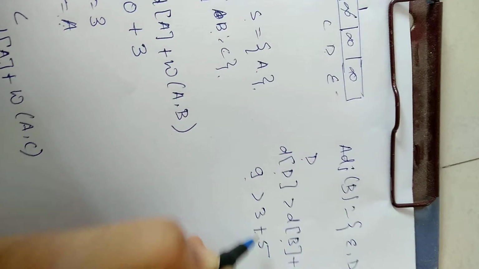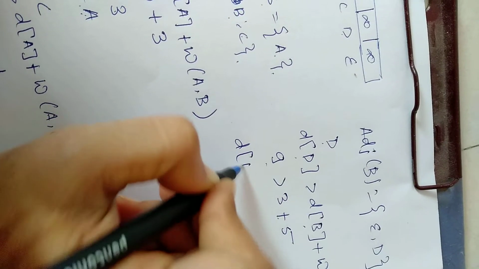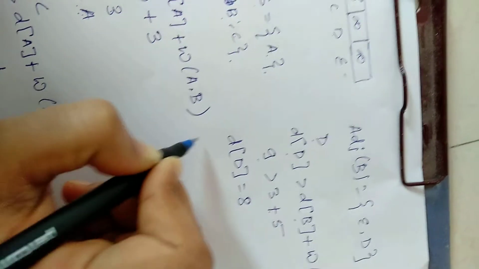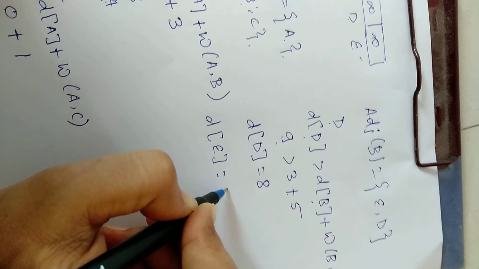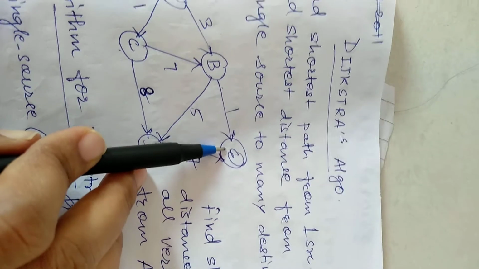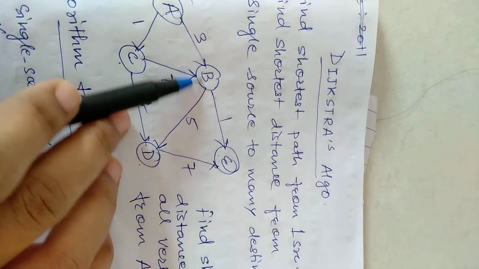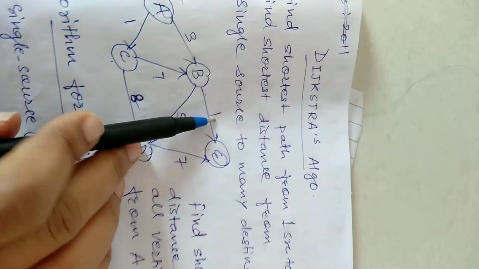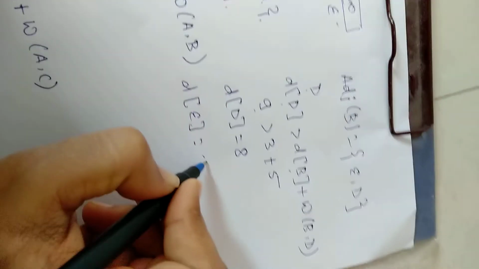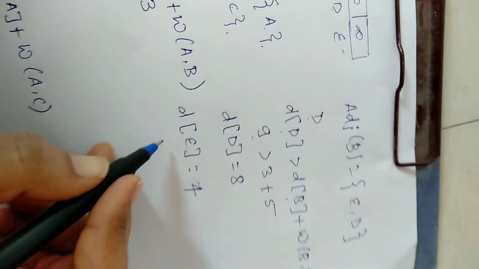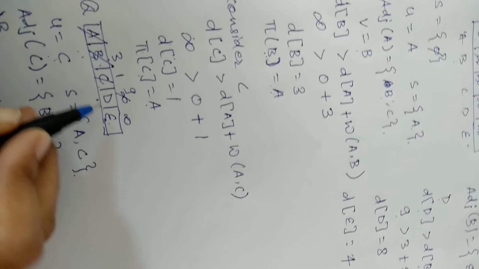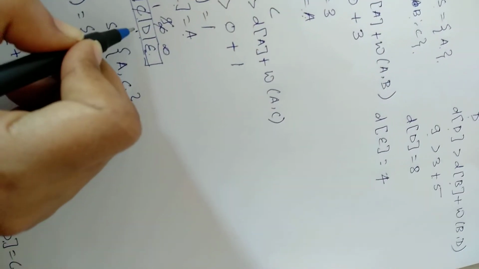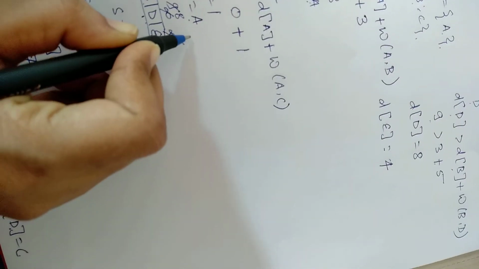So 9 is greater than 8. So the new distance of D gets modified to 8 and distance of E gets modified from infinity to 3 plus 1, that is 4. Initially E is at distance of infinity, but as we have included B, the new distance of E will be 4. So in the array Q, 9 gets modified to 8 and E gets modified to 4.